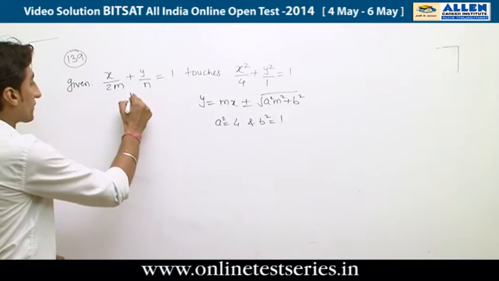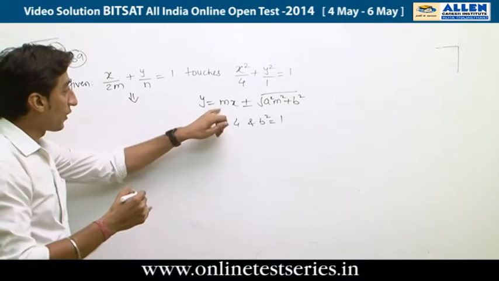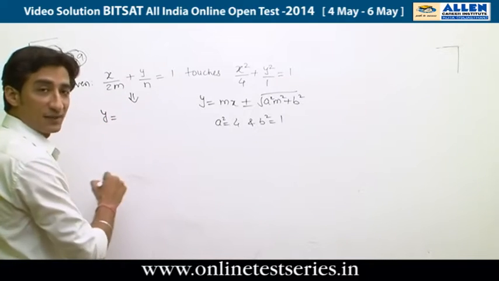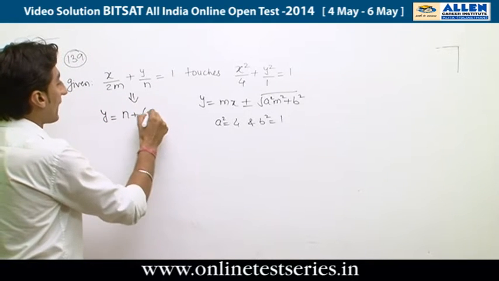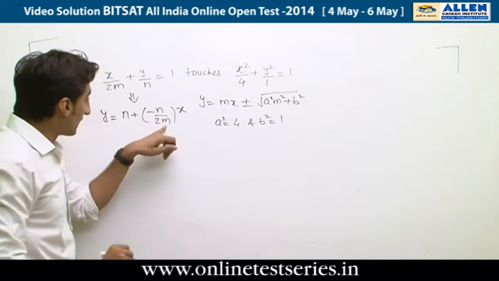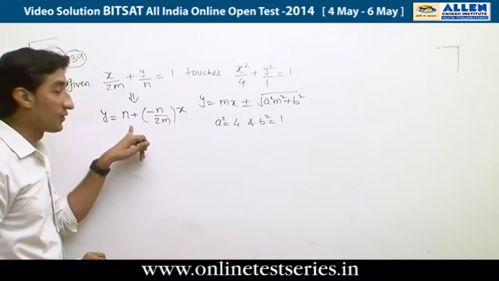Now from this equation, if we transform it into the form y equal to mx plus c, we can clearly see that y is equal to n plus minus n upon 2m times x. That means this is the value of the slope and this is the value of the constant.